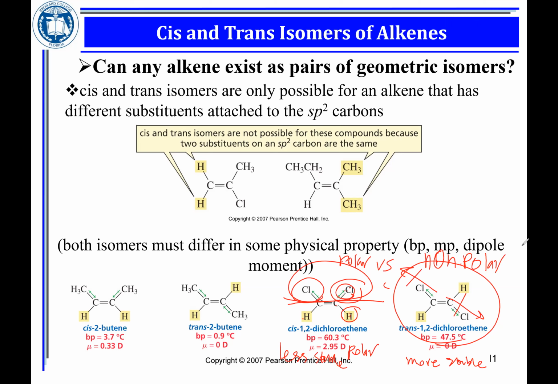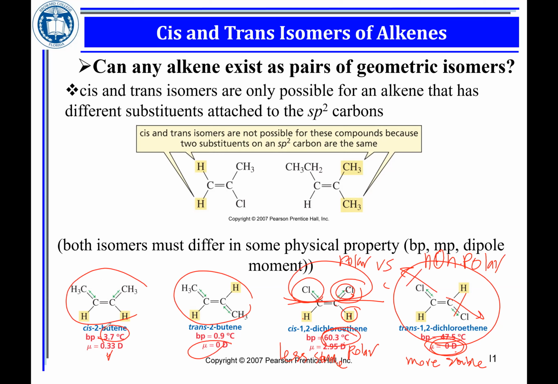Dipole-dipole exists only among polar molecules. So cis is going to have dipole-dipole interaction, but trans, because the polarity is 0 and the molecule is non-polar, doesn't have dipole-dipole interaction. So cis is going to have stronger intermolecular forces. As a result, the boiling point is higher. Dipole moment is 0 for trans and non-zero for cis. The boiling point for cis is higher because of the dipole moment.